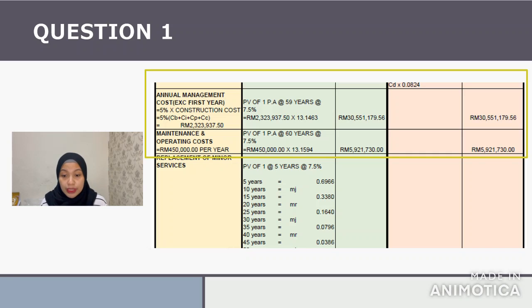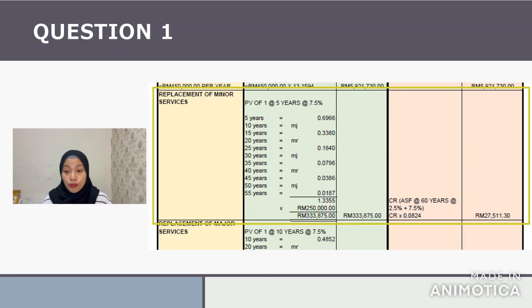For the present value method, it will have a new total cost, which is 5,721,730 ringgit. In the annual equivalent method, there is also no change as it is calculated per year. The total stays the same, 5,921,730 ringgit Malaysia.